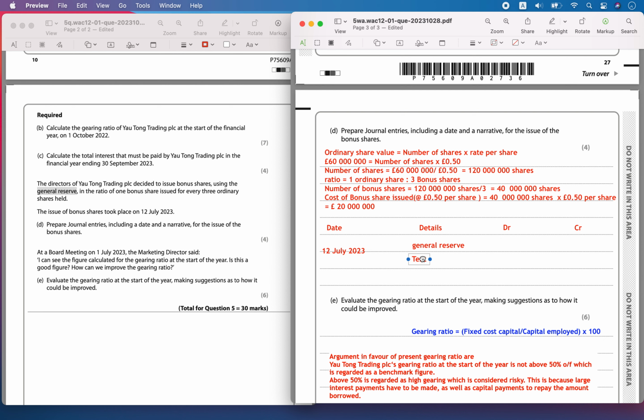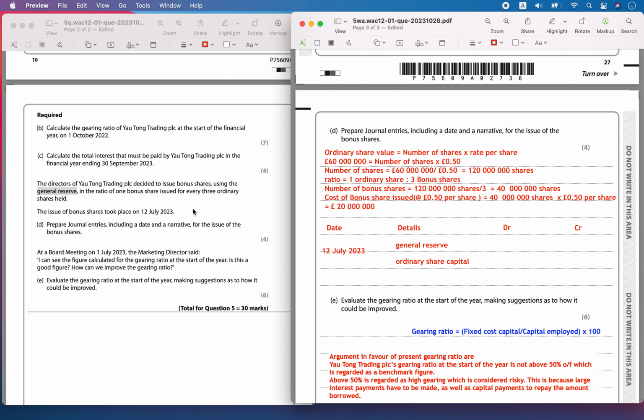General reserve, and this is going to affect my share capital, that is ordinary share capital. The general reserve will reduce because you are increasing the number of shares for the same amount.